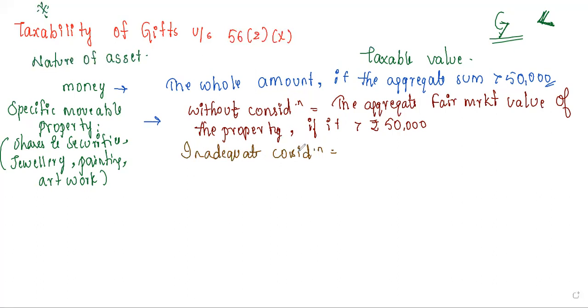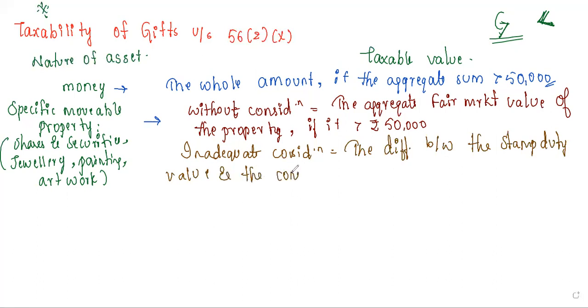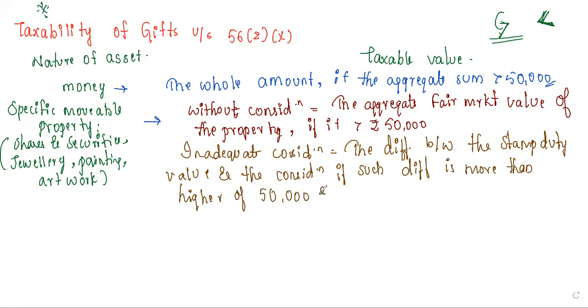In that situation, the difference between the stamp duty value and the consideration, if such difference is more than the higher of 50,000 and 10% of the actual consideration.